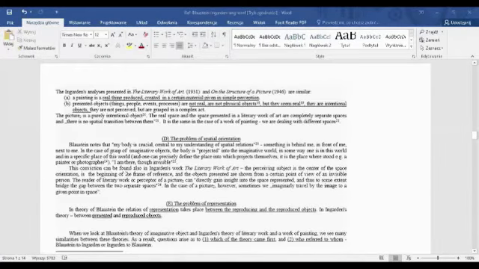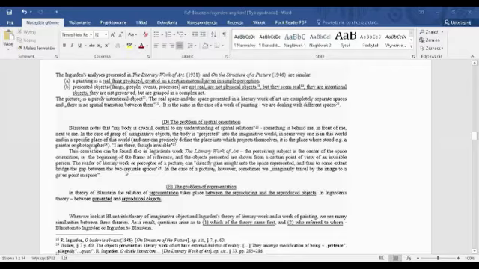Ingarden's analyses presented in The Literary Work of Art and in the structure of the picture are similar. A painting is a real thing produced, created in a certain material, given in simple perception. Presented objects, things, people, events, processes are not real, are not physical objects, but they seem real.